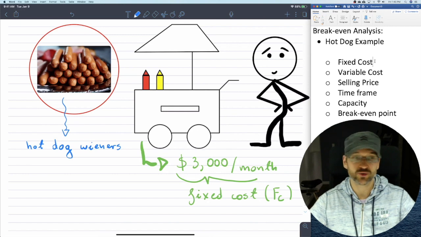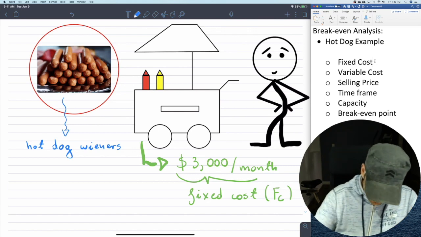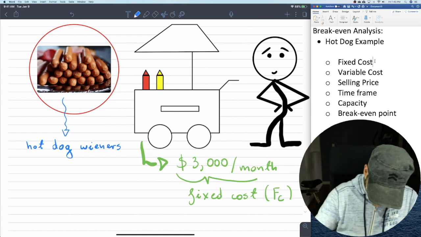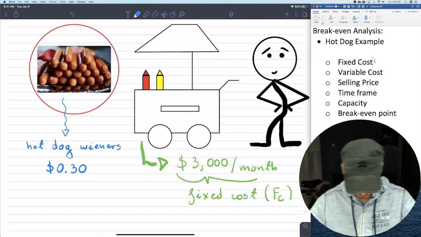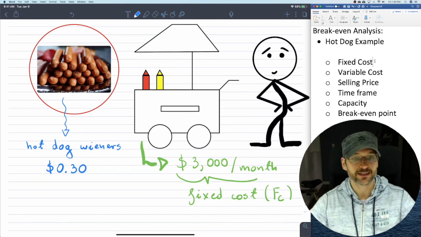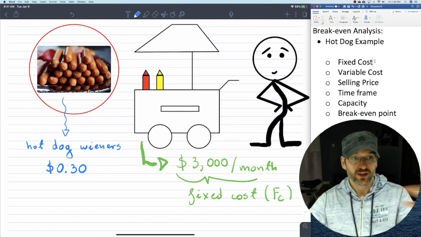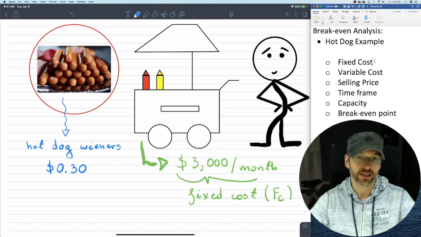And in bulk, you can figure out the cost per wiener. So let's assume, to keep it simple, that the cost of one of these wieners is 30 cents. So we're paying 30 cents for a wiener every time somebody buys one of our hot dogs.